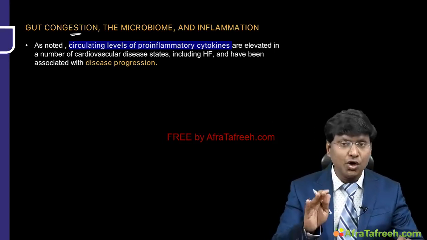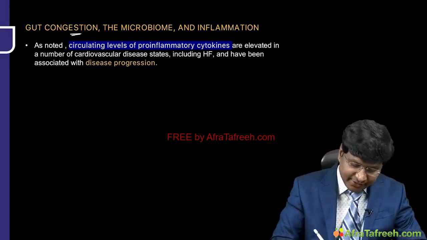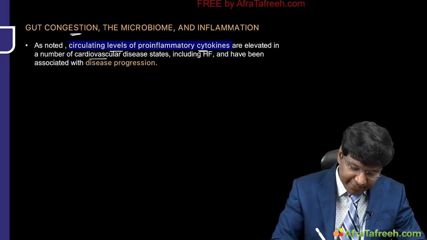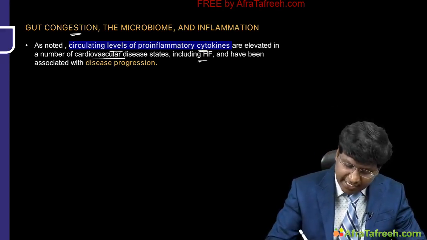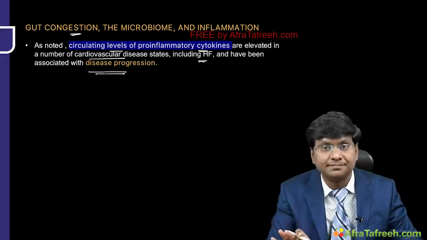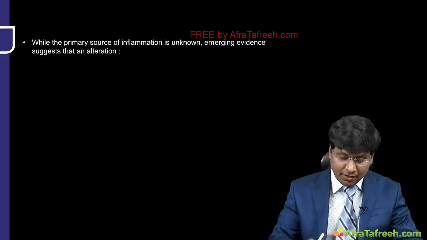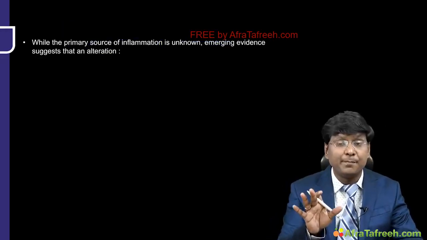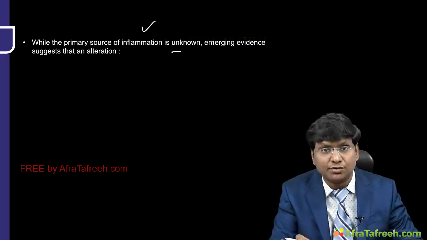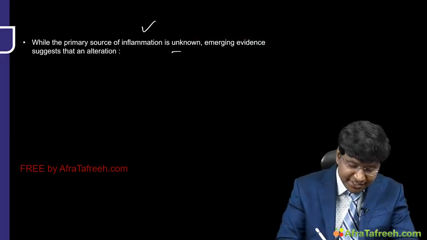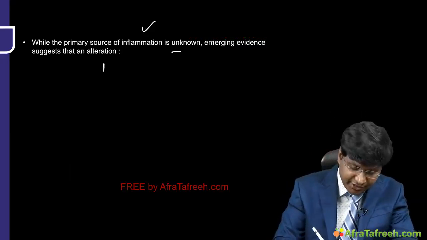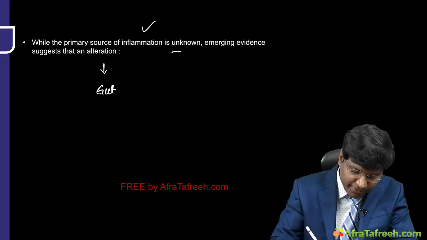Okay, so not only that, circulating levels of pro-inflammatory cytokines are elevated in a number of cardiovascular diseases, including heart failure, and have been associated with the disease progression, right? What exactly is the primary source of inflammation is not known, but the emerging evidence suggests that there is an alteration in the gut microbial flora.